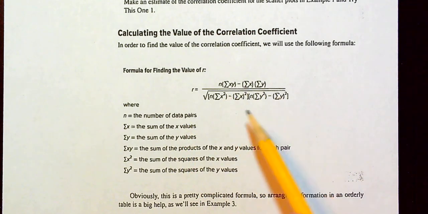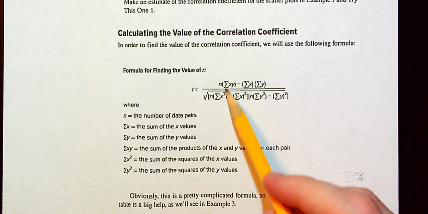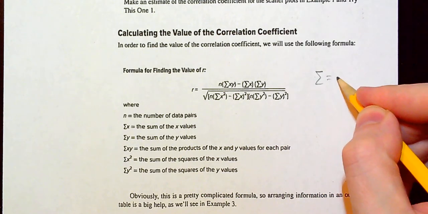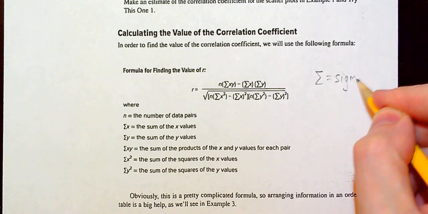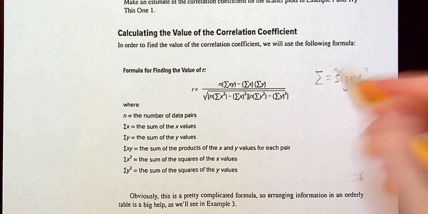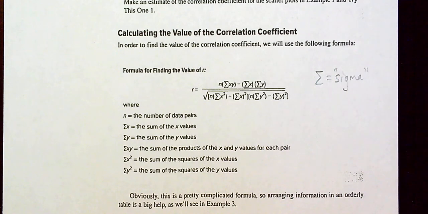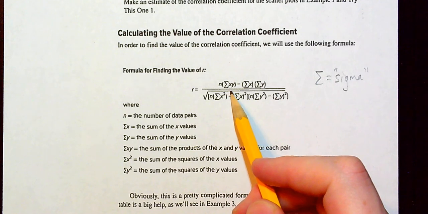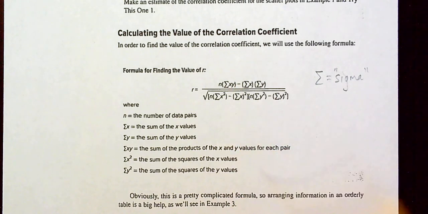Now you see this fancy looking capital E thing. It looks really weird. This is the capital Greek letter sigma, and we typically use this capital Greek letter when we're going to be taking the sum of things, when we're adding things up. Now this is the sum of, or sigma of, xy, x times y.